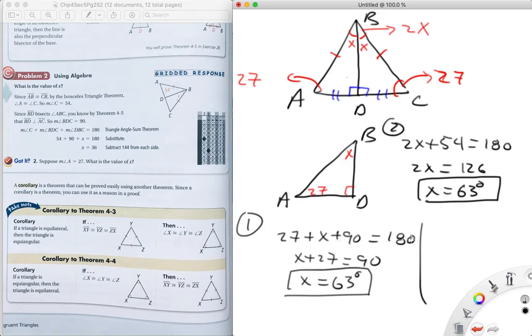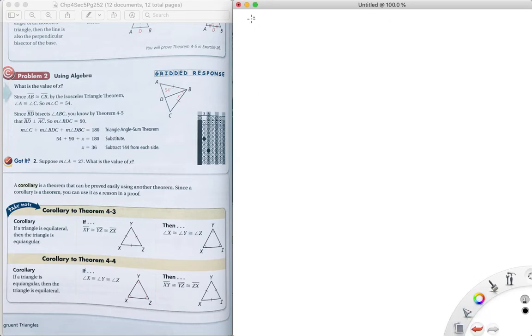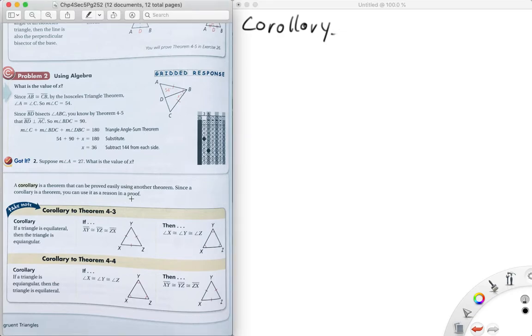We have something called a corollary. A corollary is an additive. It's a theorem that can be proved easily from another theorem.